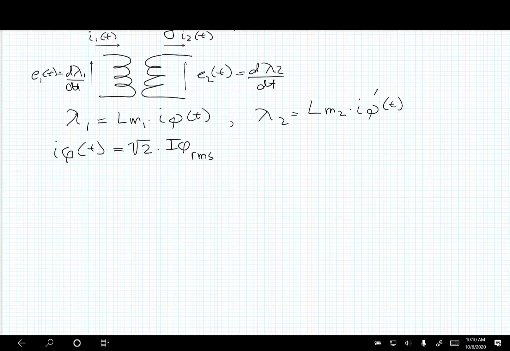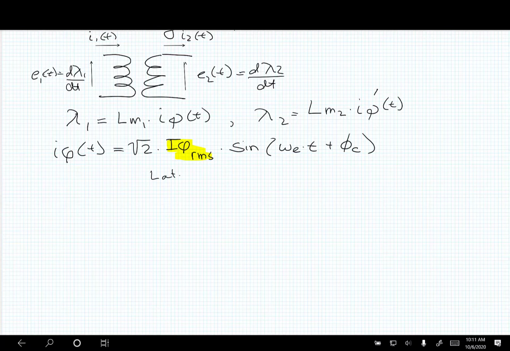This is going to be a quantity we're going to talk about a lot. That's the peak current of the excitation current. And there's a power factor angle which I'm going to call phi c.